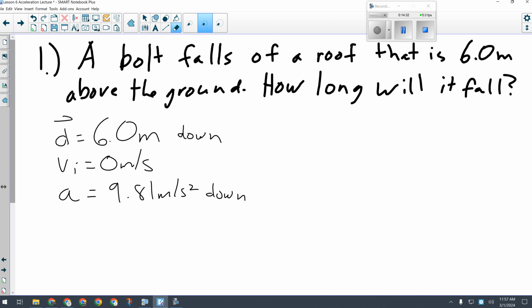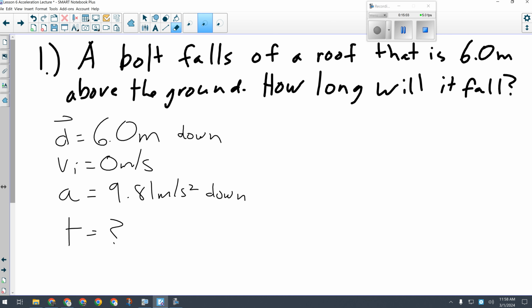Okay, now, they want me to find out how long it's going to fall for. So I've got 3 pieces of information, 3 givens, that's it. Okay, and I need to find time. So what formula has these 4 things in it? Which formula do I want to use here, guys?